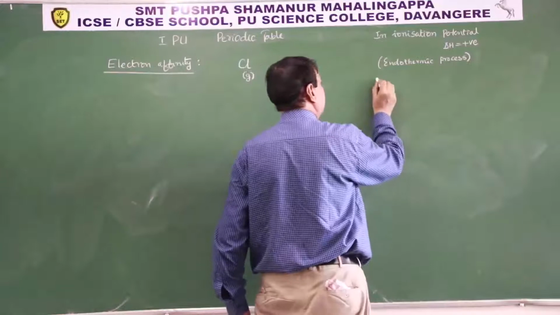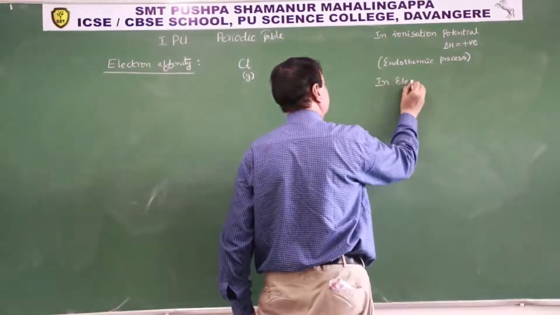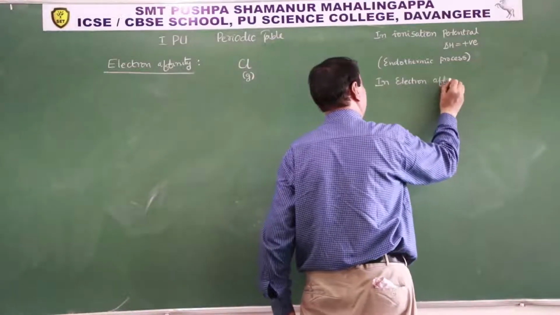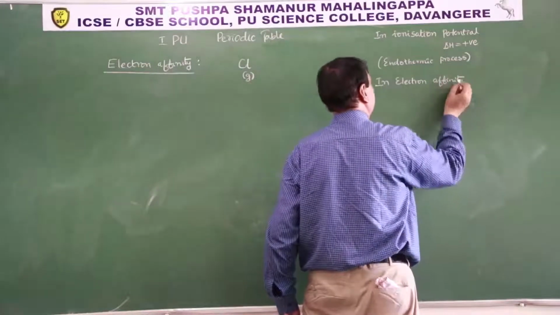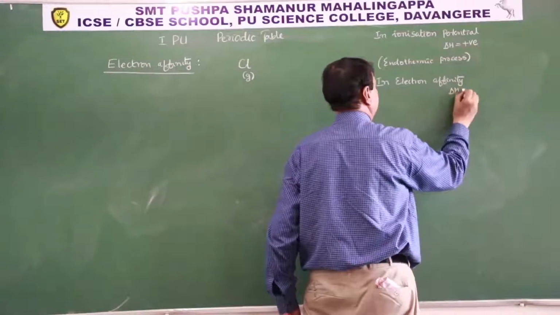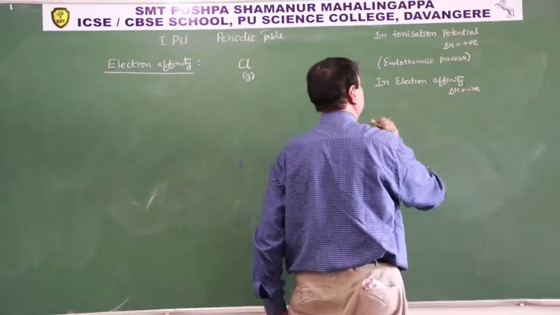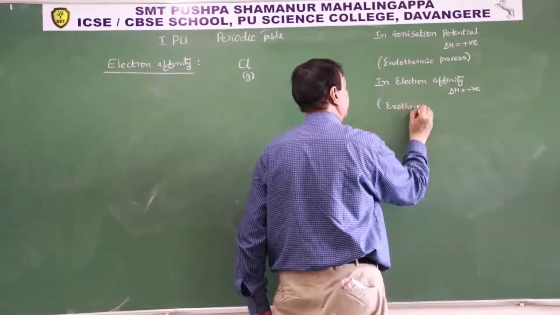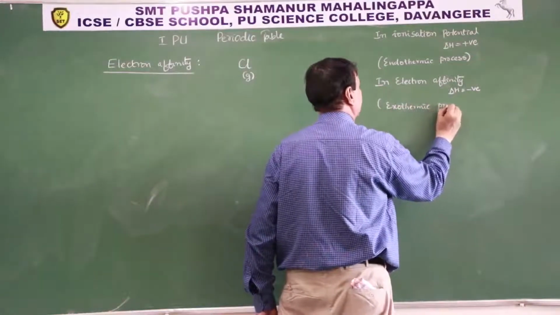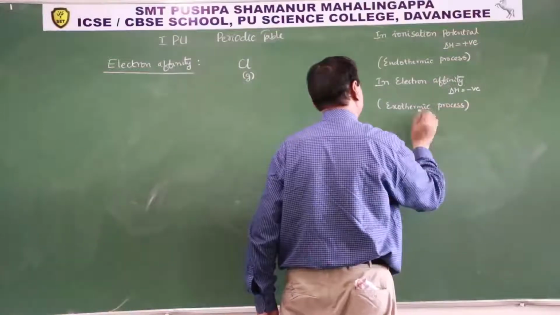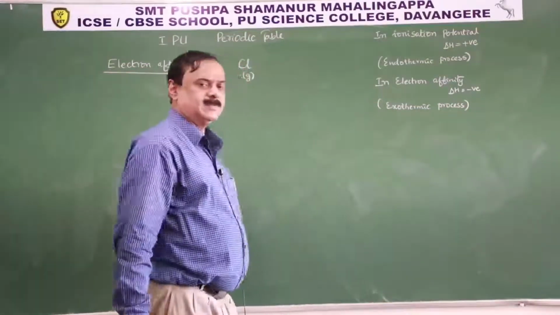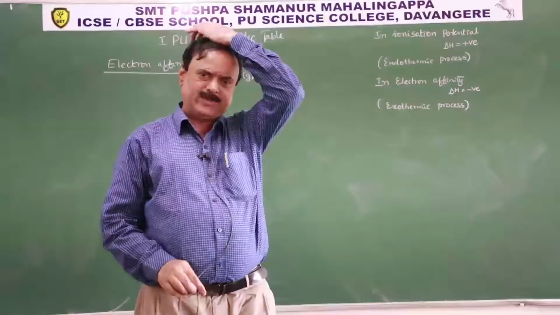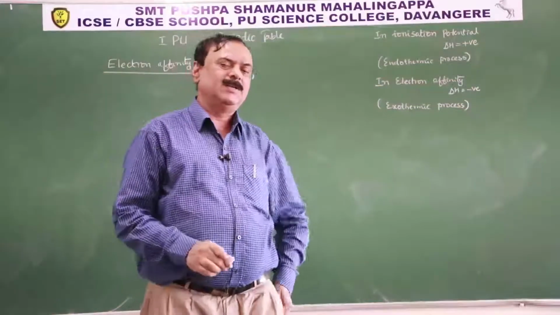In electron affinity, delta H is negative. That is an exothermic process. But the amount of energy released is different.